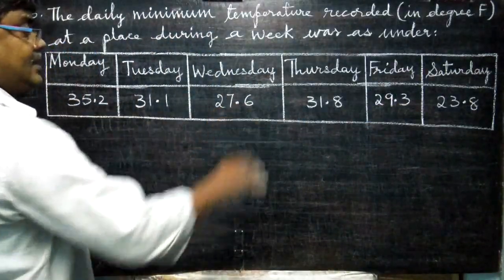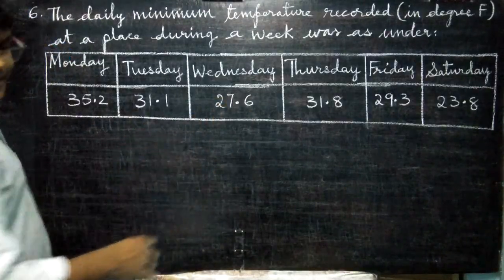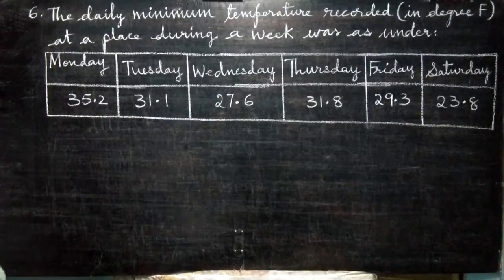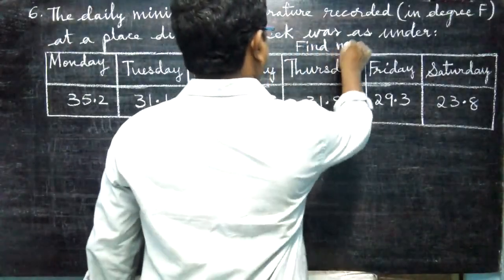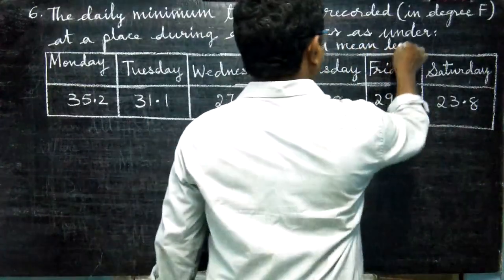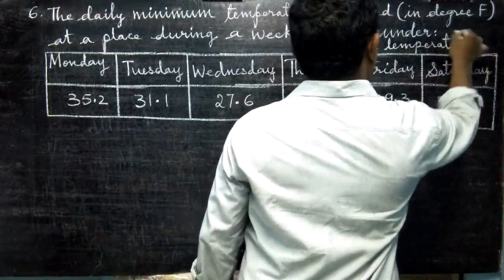So how many days have they given? 6 days. And they are asking to find the mean temperature. Mean means you know, no? Average. And we know the formula also.